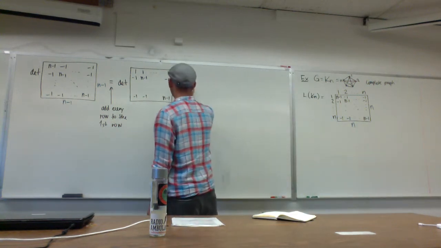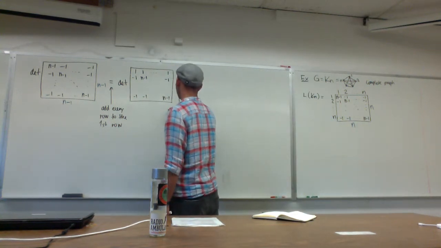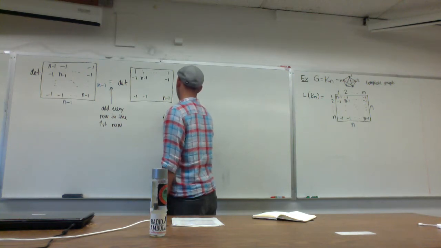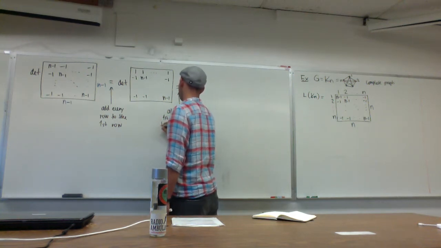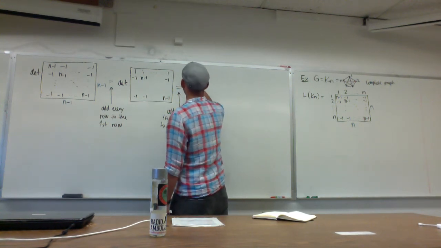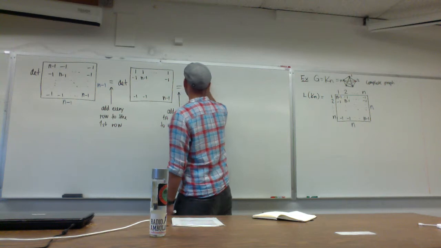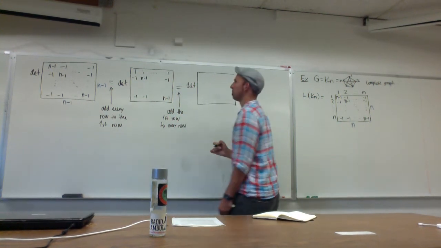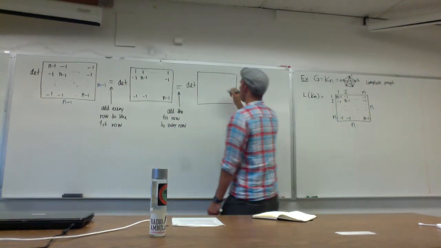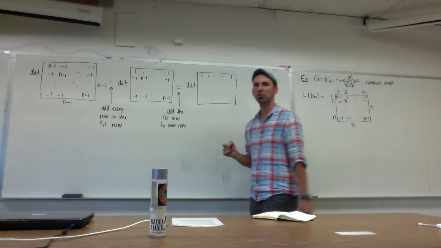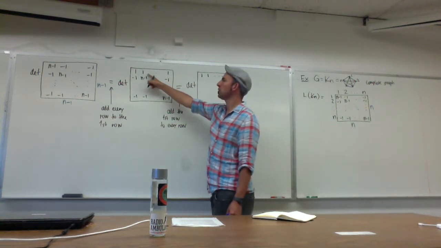Now it's going to seem maybe a little bit strange, but I'm going to do the opposite thing. I'm going to add the first row to every row. And that is also not going to change the determinant. So let's see what happens when I do that. The first row stays the same, and I'm going to add it to the other one. So I add this row to this row.